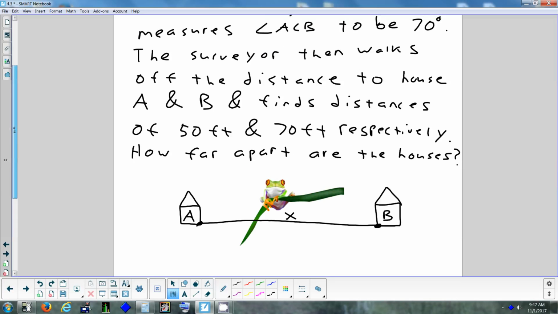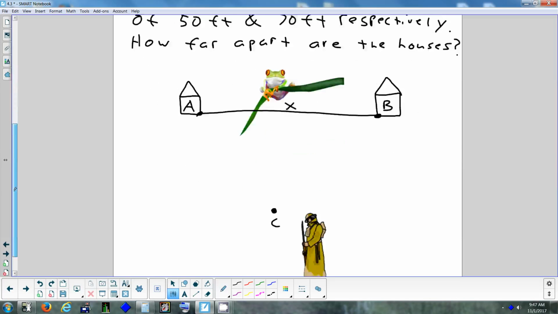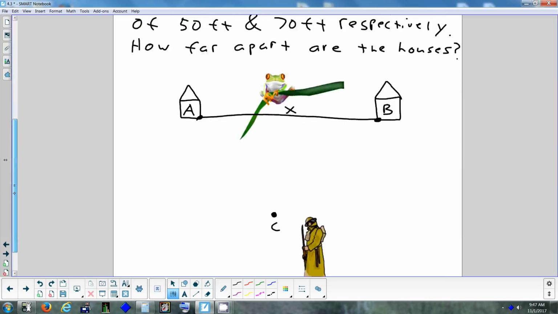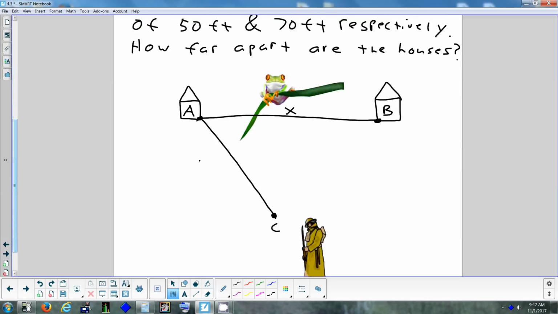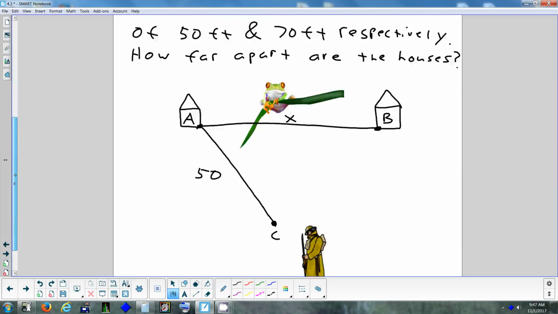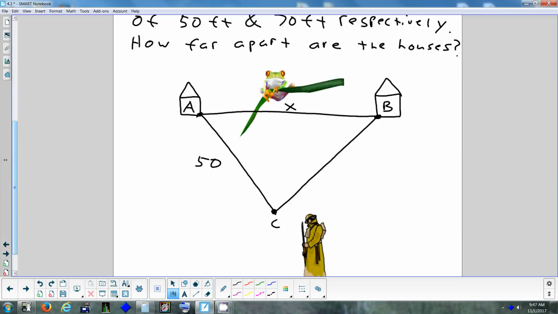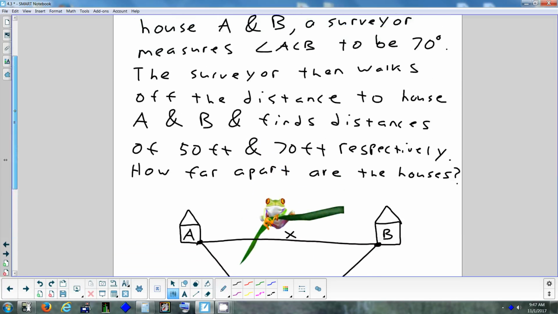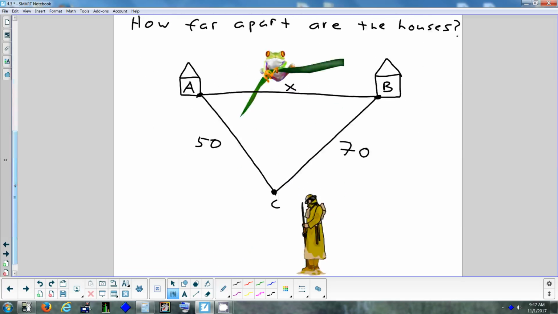The distance from A to the surveyor is 50 feet. Okay, because it says respectively, so I'm assuming the first one is A, second is B. 50 feet. The distance to B, 70 feet. And last, what does it say? Angle ACB is 70 degrees.